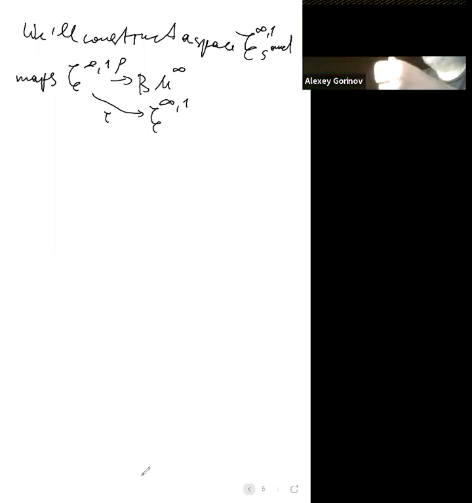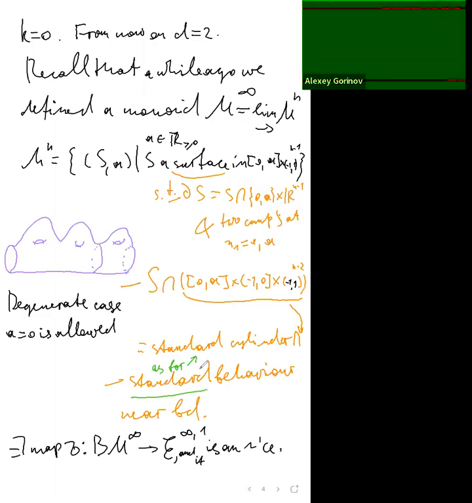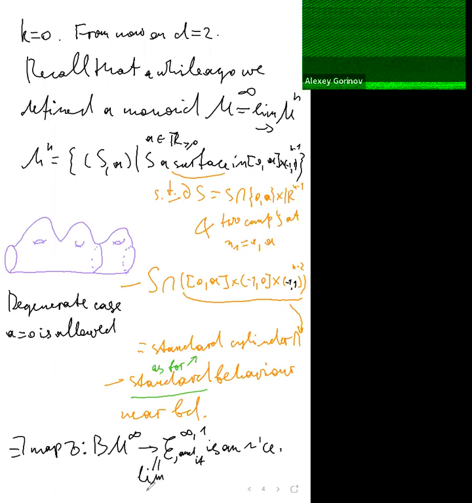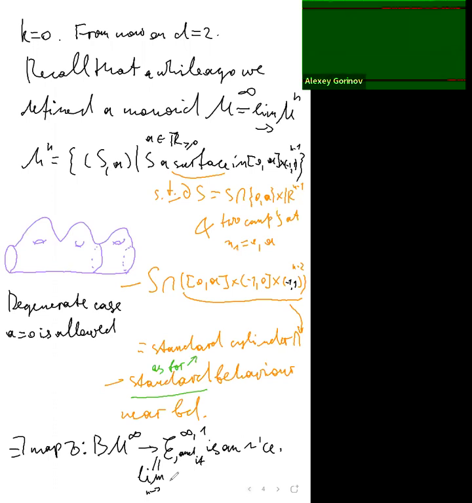Well, let's first go through the general strategy. Oh, and by the way, what is C infinity 1? Well, this is easy. It's just the direct limit of Cn1.